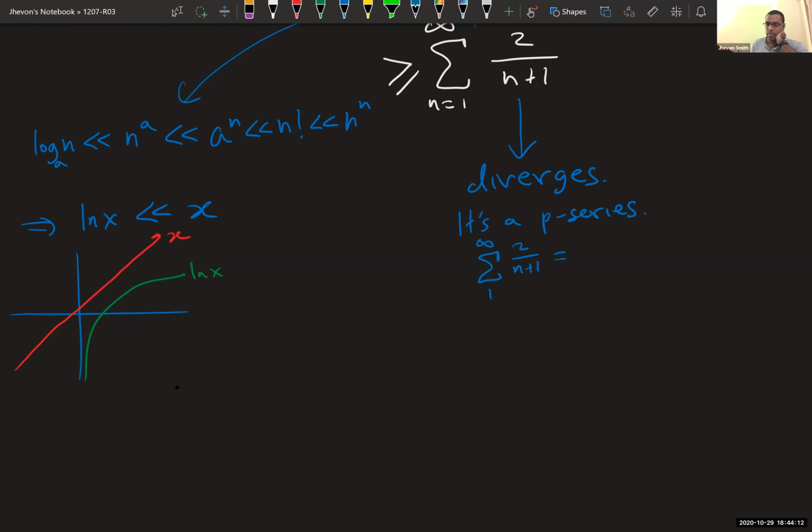Too frazzled today. So here, n equals 1. If I set k equals n plus 1, this means that my n is equal to k minus 1. So I go everywhere here and plug in k minus 1 for all my n's, and I would end up with 2 over k. K goes from 2 to infinity, and that's harmonic. So it's a harmonic p-series.